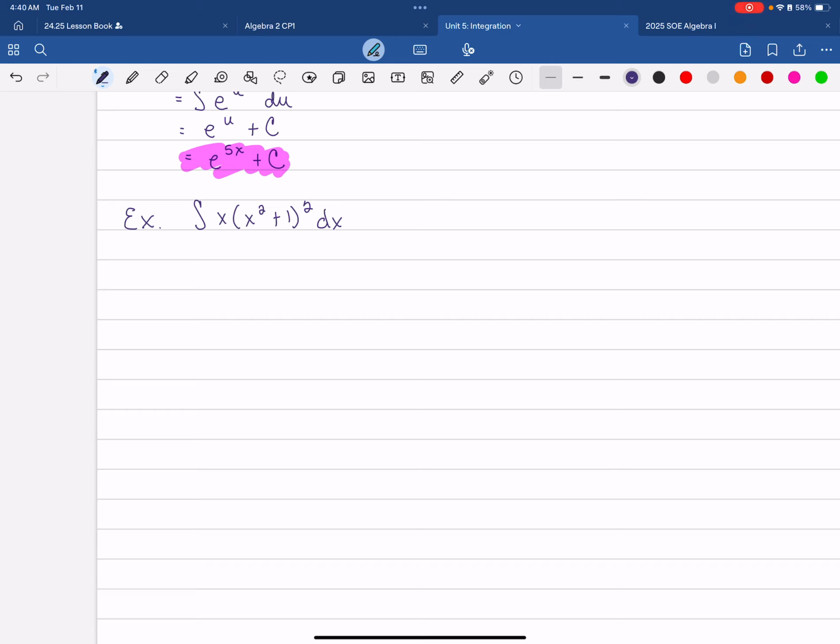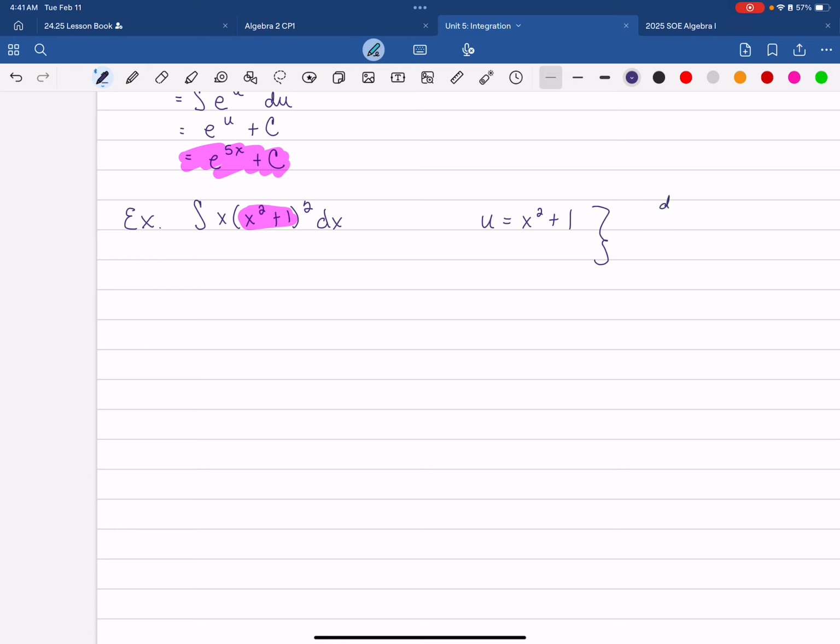All right, so I clearly see that my inside function is this guy right here, right? So I'm going to let u equal x squared plus 1. When I take the derivative of this, one thing I want to clarify is that I get 2x dx.